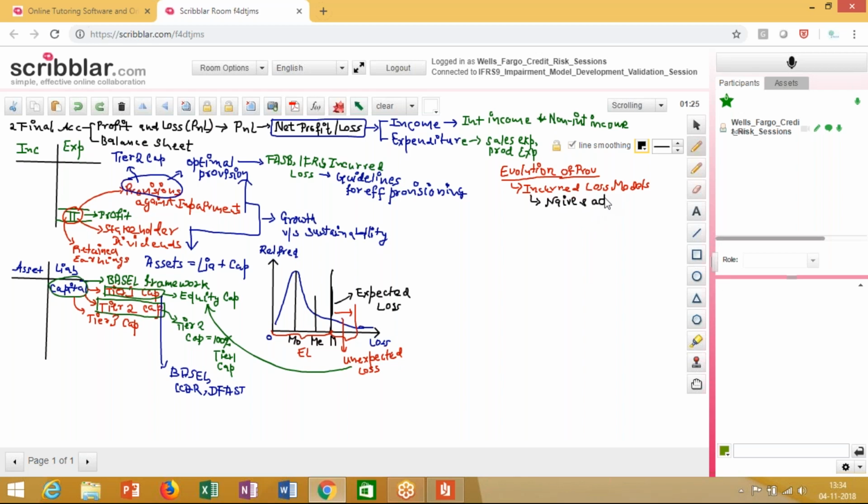Now the question is, how do these models actually work? These are the most conventional, the most classical or traditional form of provisioning models. What happened in these models is, basically there was a borrower A who was given the loan.